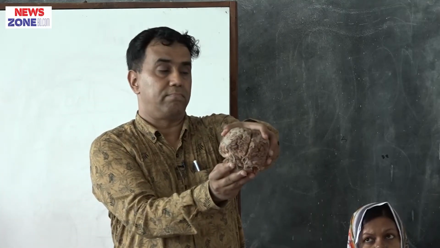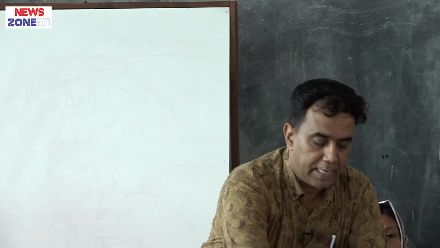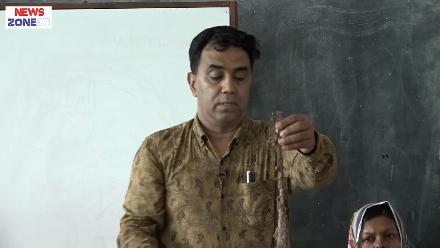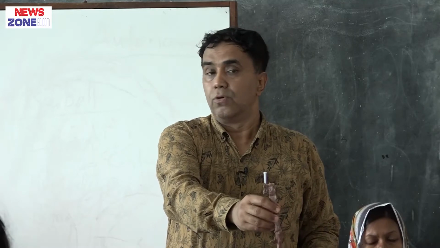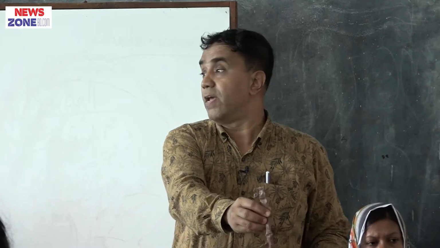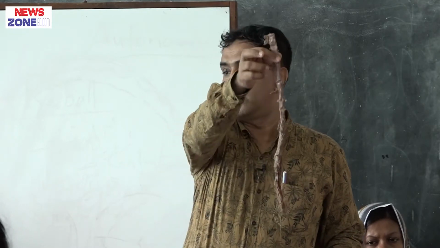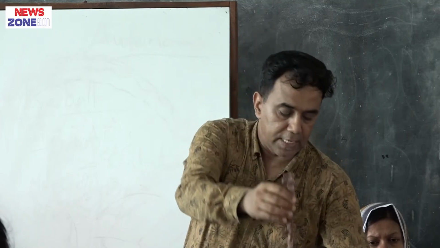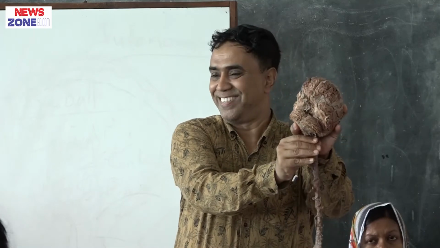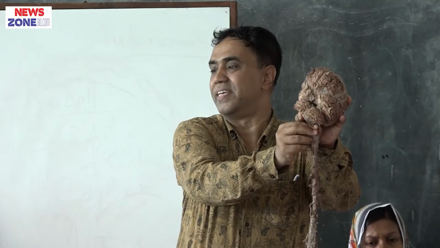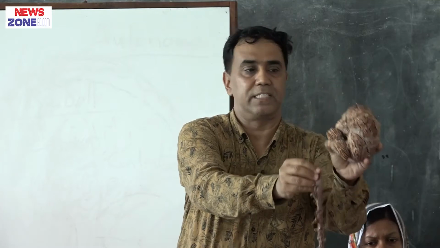This is the brain and this is the spinal cord. In tutorial classes, my honorable lecturers will give you a brief description about the spinal cord. Brain and spinal cord are collectively called CNS, central nervous system.